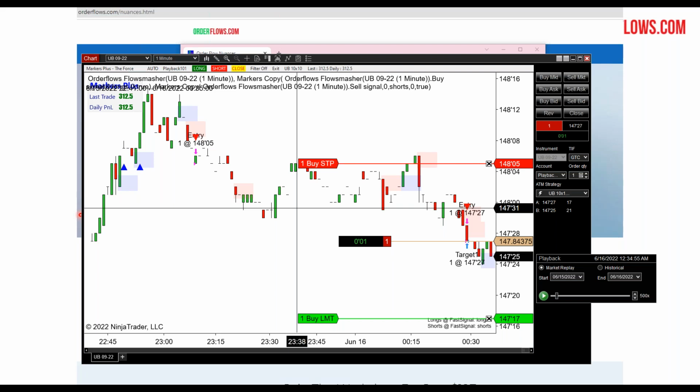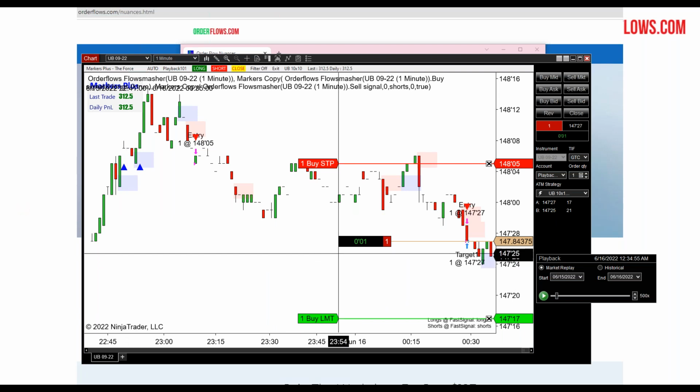When NinjaTrader 8 released it more than a couple of years ago, the big difference was how it handled historical data. Enabling tick replay allows you to analyze past order flow. So you have to have tick replay enabled, but you can use it as a standalone indicator on NinjaTrader. All these charts are standalone charts.